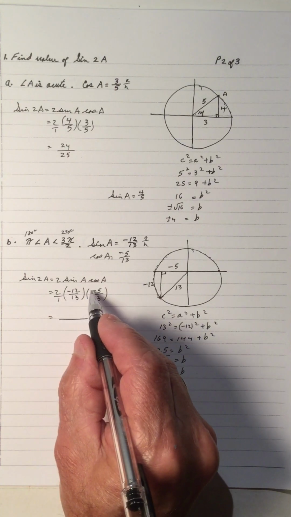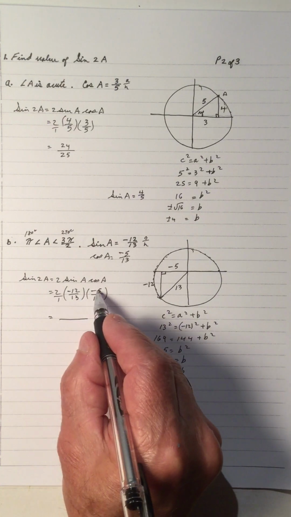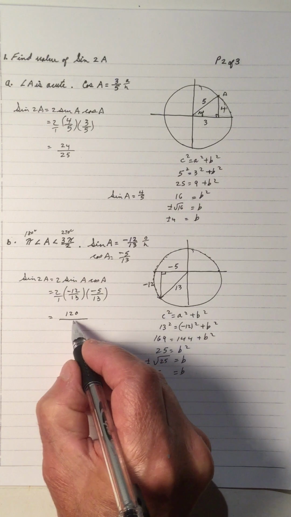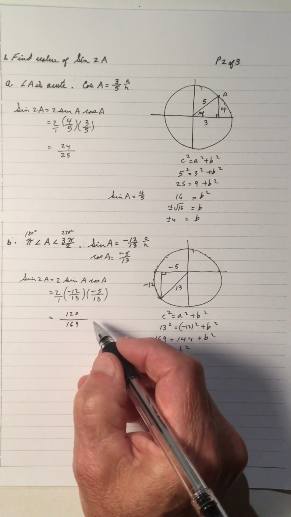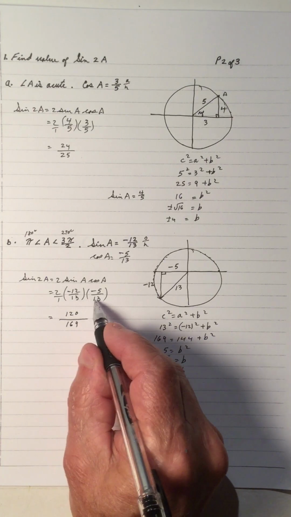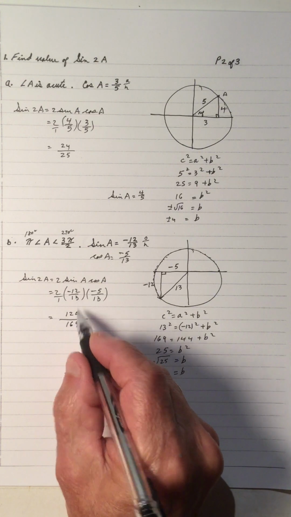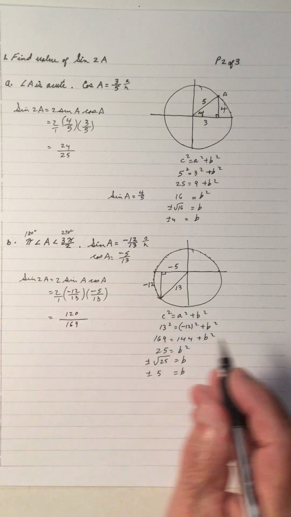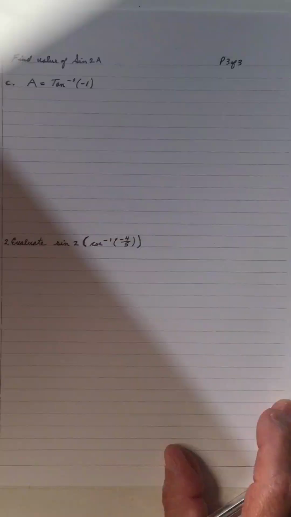A negative times a negative is positive, and 2 times 5 is 10, so 12 times 10 is 120, and 13 times 13 is 169. 13 is prime, so 120 over 169 can't reduce down. So that's the value. And let's continue.